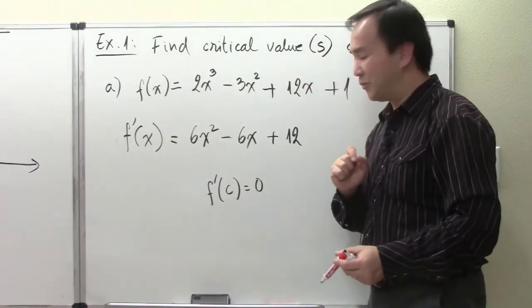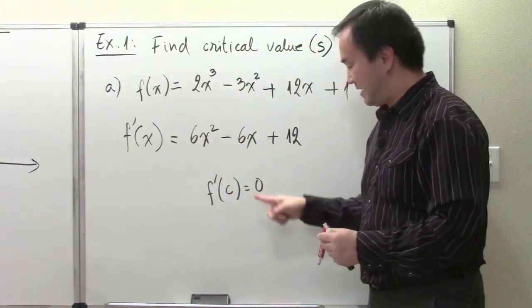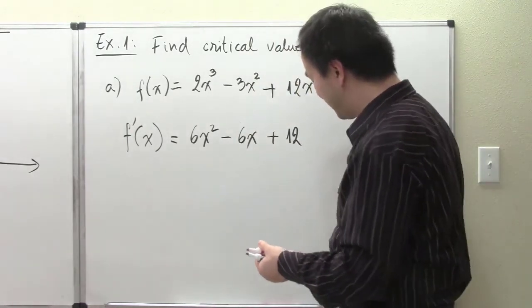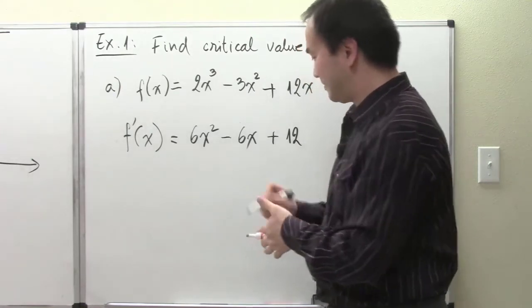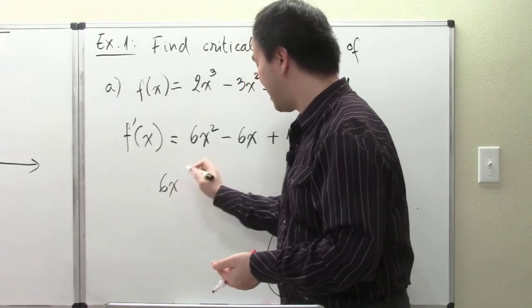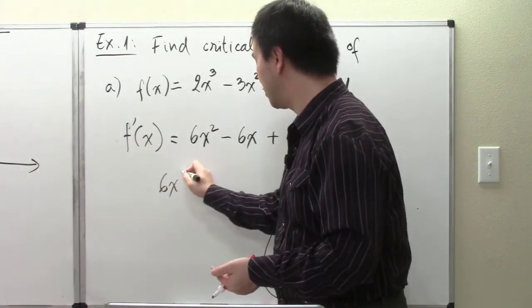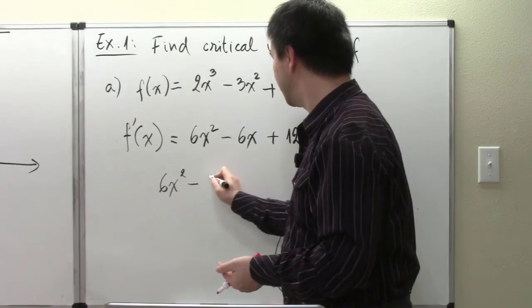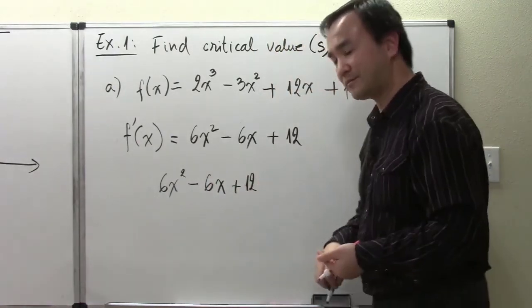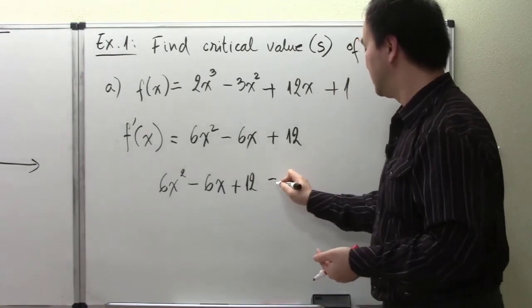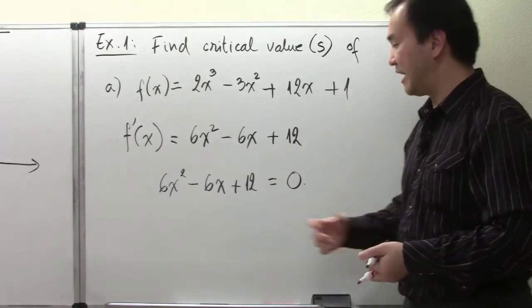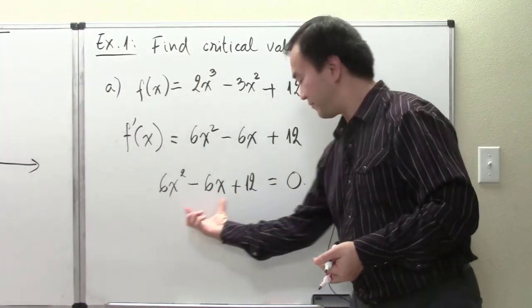Think for a moment: what work will that bring us to? I need space, so I'm going to have to erase this. All that is now is to simply set our derivative, f prime, 6x squared minus 6x plus 12, equal to 0.